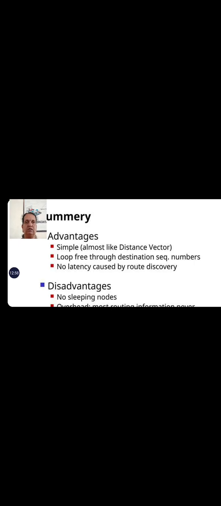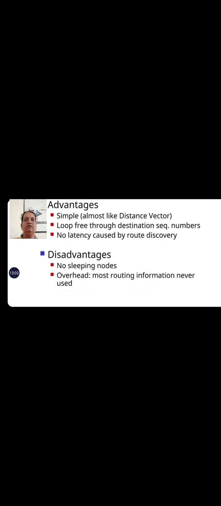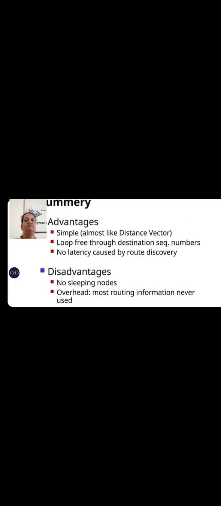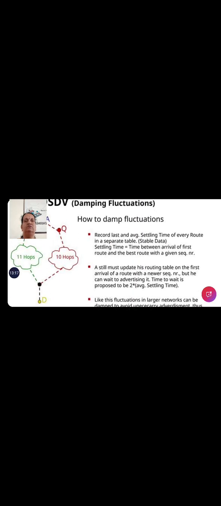The advantages are almost like distance vector: loop free, no latency, no sleeping nodes. Disadvantages are that nodes are restless, and there is overhead, as routing information is more, so it floods the network.